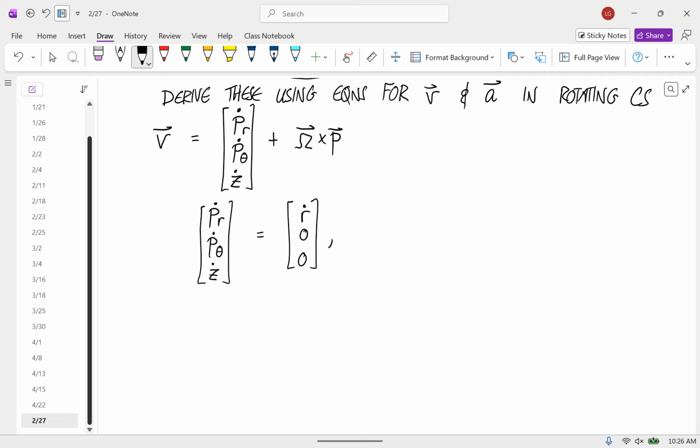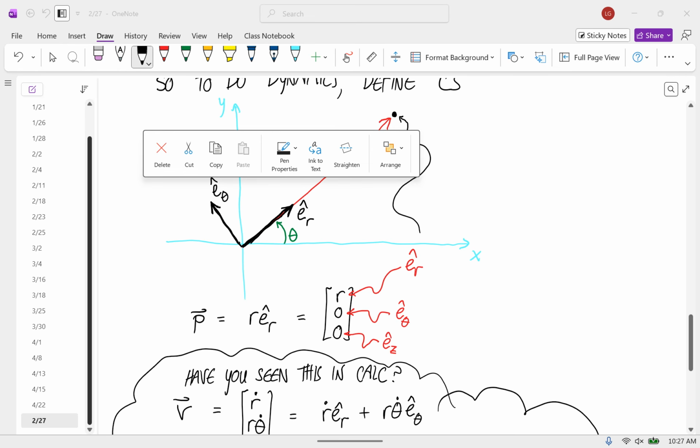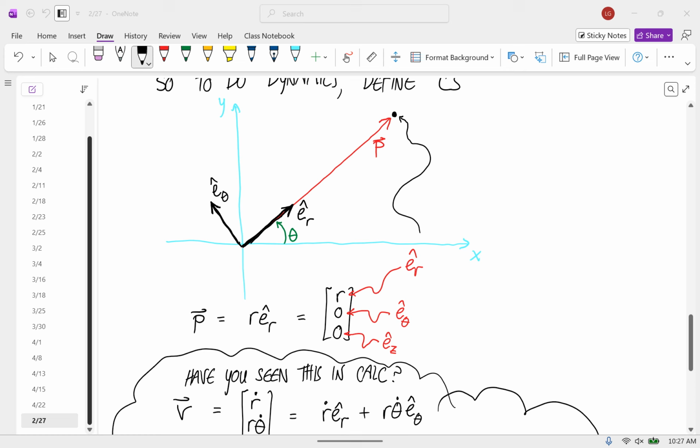And then we have the position vector. What about the angular velocity vector? Well, this is a planar motion, a planar rotation. And so our omega of this coordinate system is just the time derivative of that theta. Are you with me on that? Acting in the z direction, because that's how angular velocity directions work.